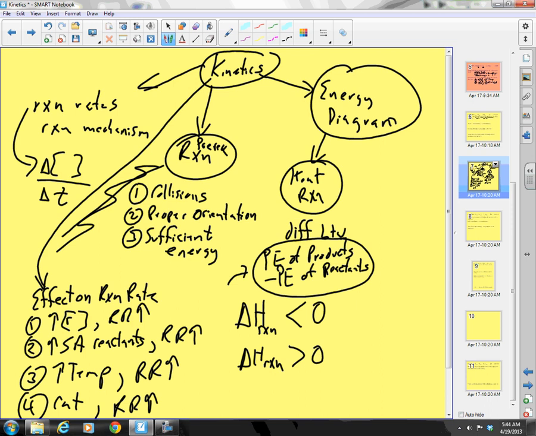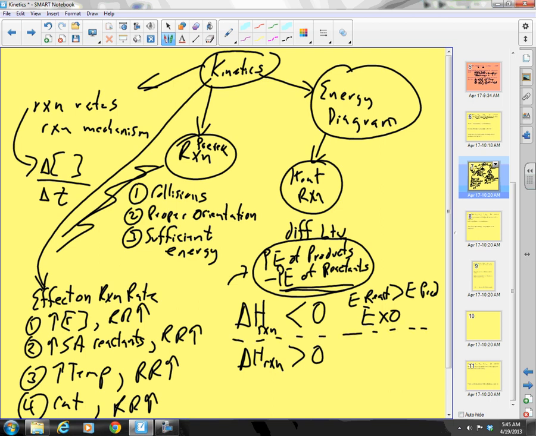If it's a negative value, that means the energy of the reactants is greater than the energy of the products. And if that's the case, what has happened? The reactants have given off energy, which means this is an exothermic reaction. Got it? And we talked a little bit about exothermic.